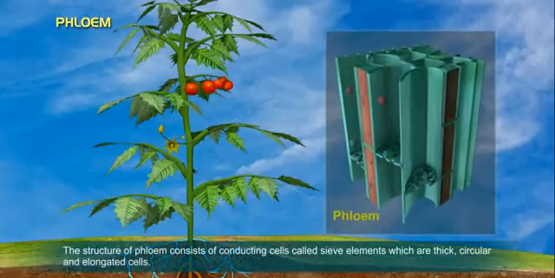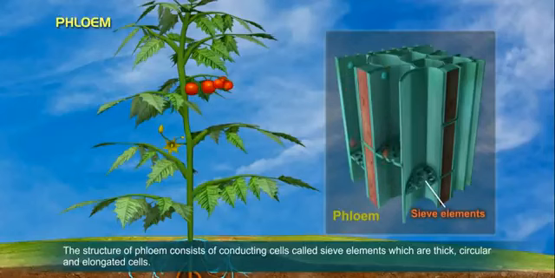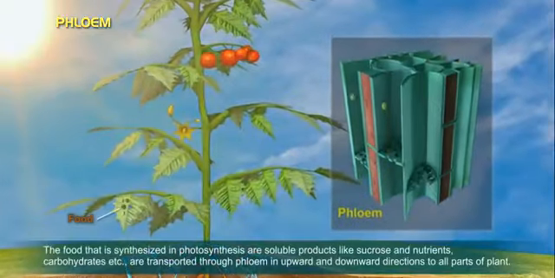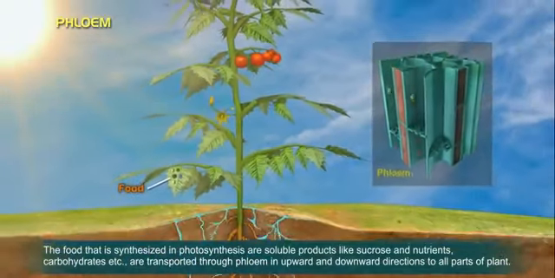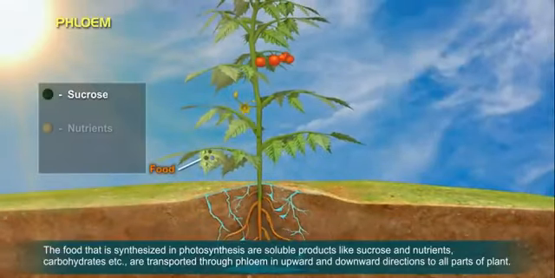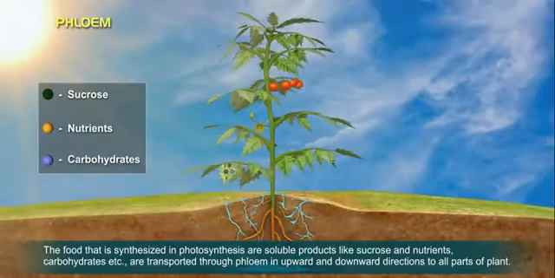The structure of phloem consists of conducting cells called sieve elements, which are thick, circular, and elongated cells. The food that is synthesized in photosynthesis, soluble products like sucrose and nutrients, carbohydrates, etc., are transported through phloem in upward and downward directions to all parts of the plant.